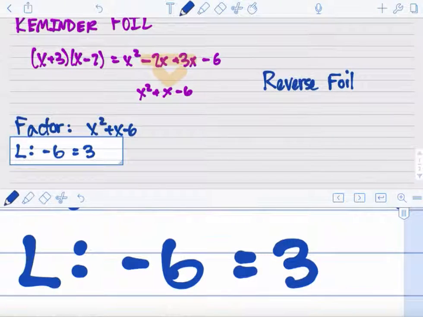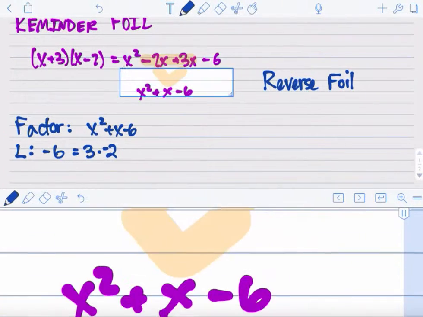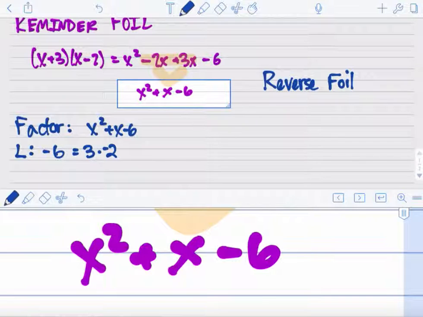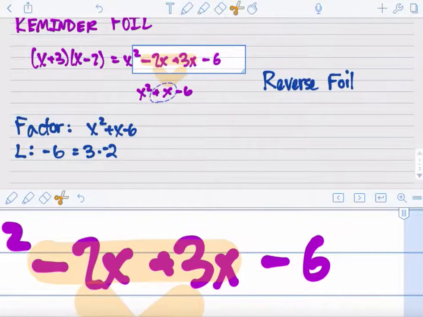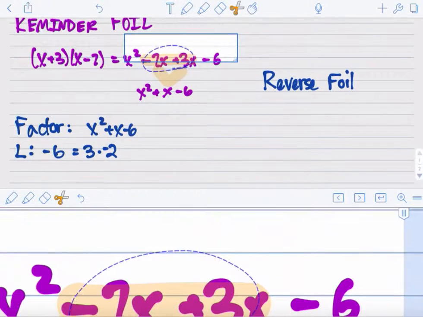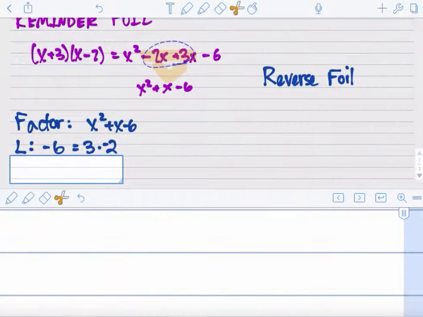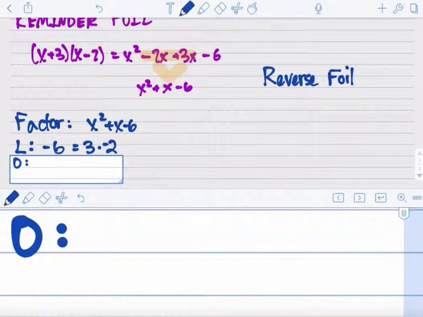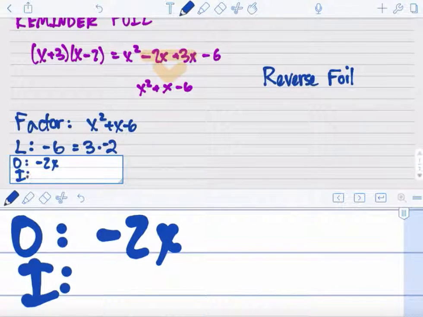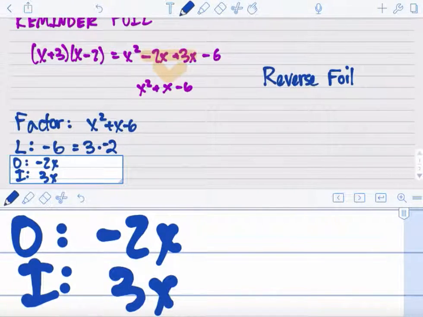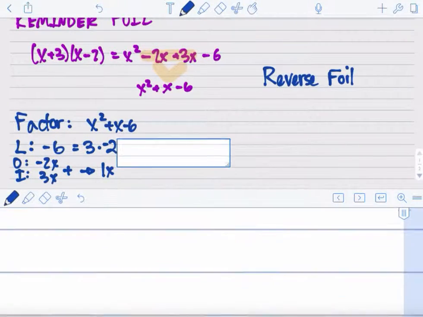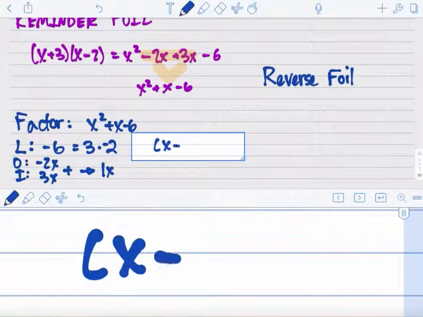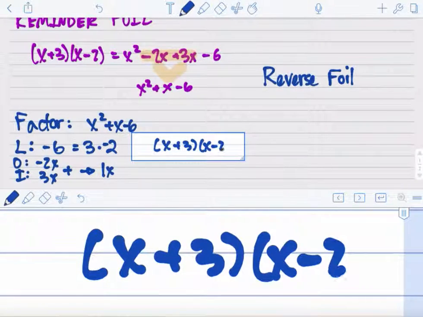And I got my middle term, positive 1x, by taking my outside and my inside and adding them together. My outside is negative 2x and my inside is 3x, and when I add those together, I get 1x, or just x. So that tells me I need x plus 3 and x minus 2.